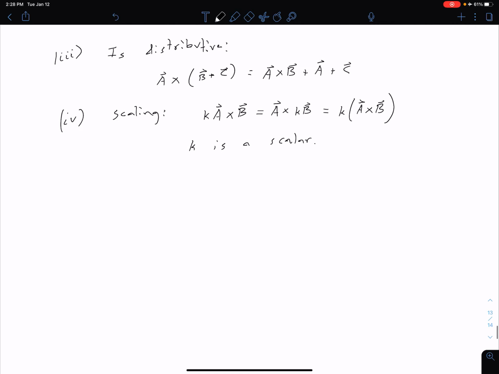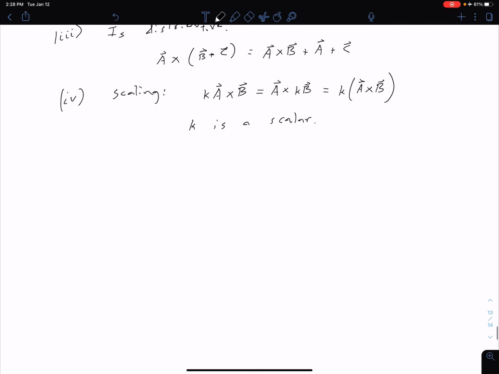One other thing that we can note in terms of our unit vectors, so remember we considered how our unit vectors and our dot products related, is that if we have u_x cross u_y, that's equal to u_z. If we have u_y cross u_z, that's equal to u_x.